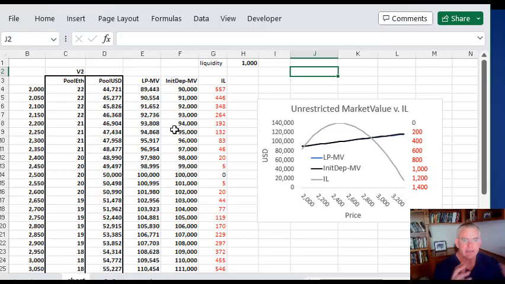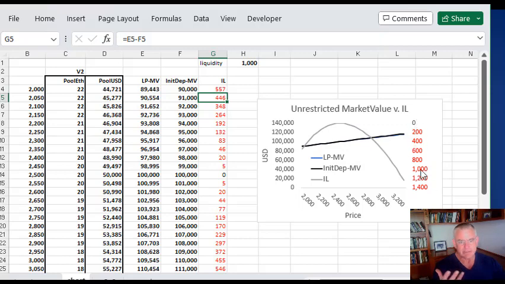And you see that if Eve comes in at 2,500 and she puts in 20 ETH and a comparable amount of USD in the pool, and you look at the value of her initial deposit relative to the value of her pool amounts, you'll see that the value of her pool amount is going to be less than her initial deposit amount. And that's the adverse selection. It's got this shape like this. It looks like a short straddle.